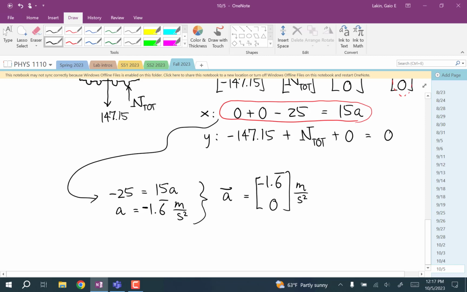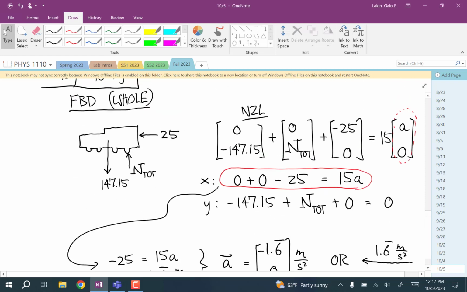And that's meters per second squared. And if you want to visualize that, that's in the negative x direction, which is this way, with a magnitude of 1.6 repeating meters per second squared. So this whole thing is accelerating to the left.